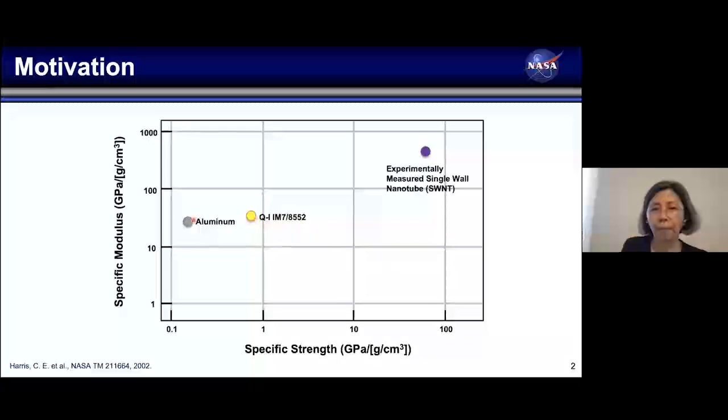Because composites are stronger and lighter than aluminum, we're moving towards that as the state-of-the-art material for things like aircraft; the 787 is 50% composites. When you look at the best material we had available back in the early 2000s, and then look at the nanoscale properties of carbon nanotubes, anywhere in this space, if we can get carbon nanotubes into structures, it would save us a lot of mass in structures.